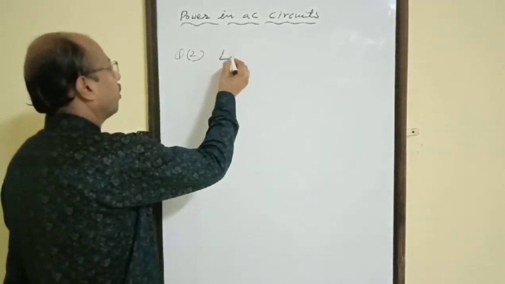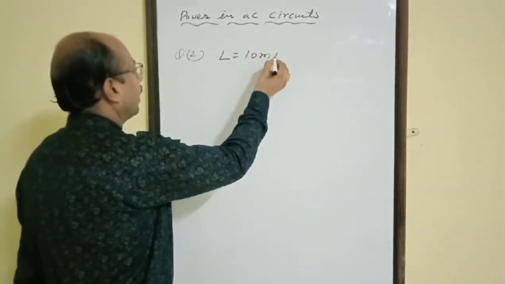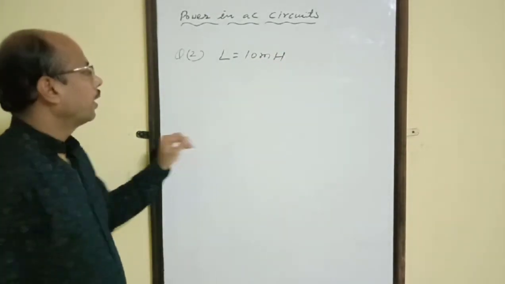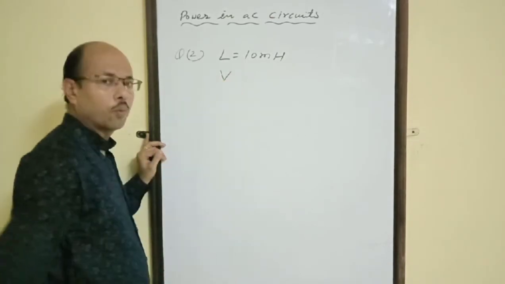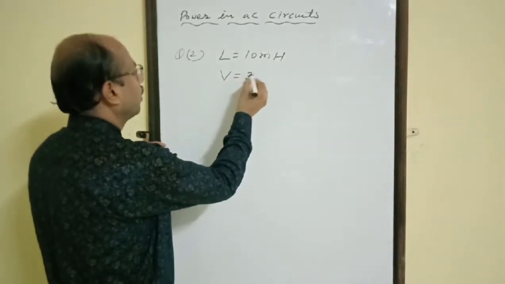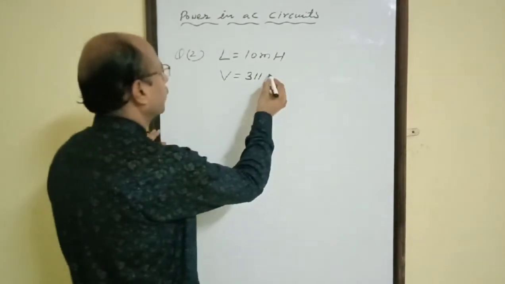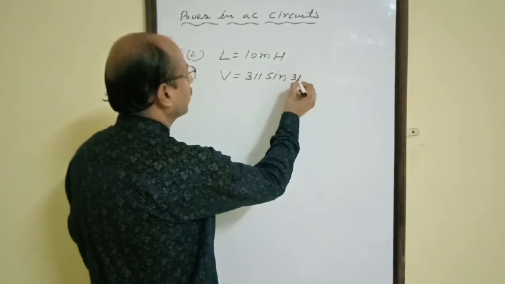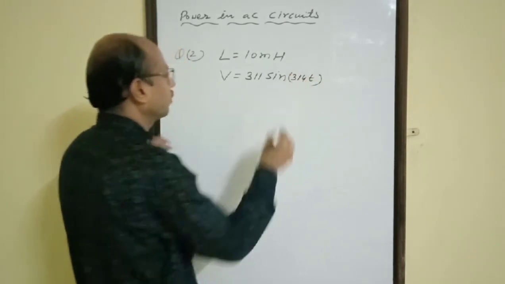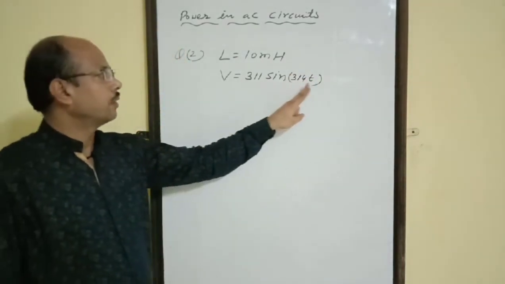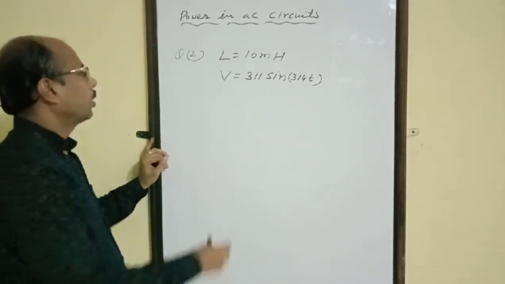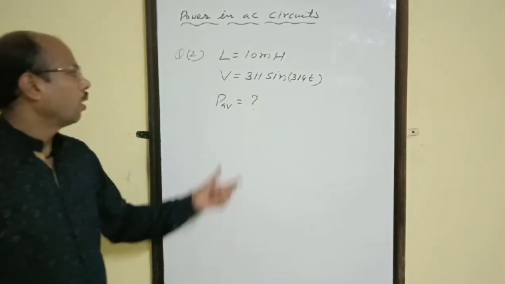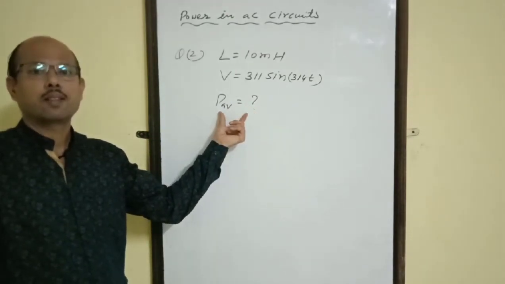There is one inductor of inductance 10 millihenry, and it is connected to V equals 311 sine 314t. You have to find out the average power consumed over one complete cycle.